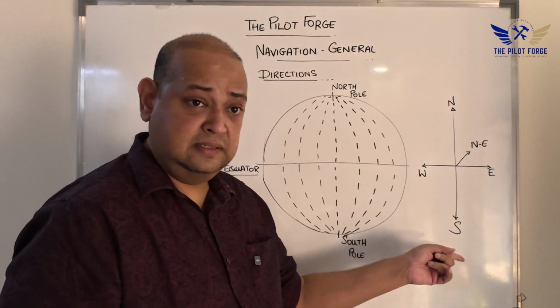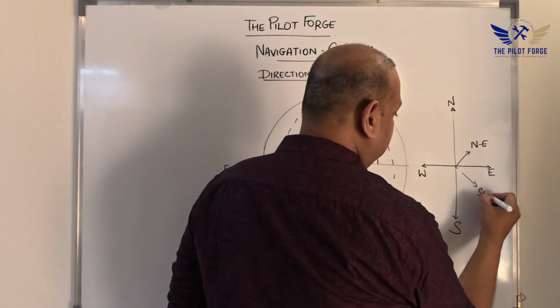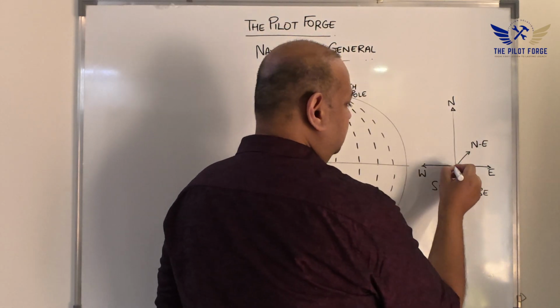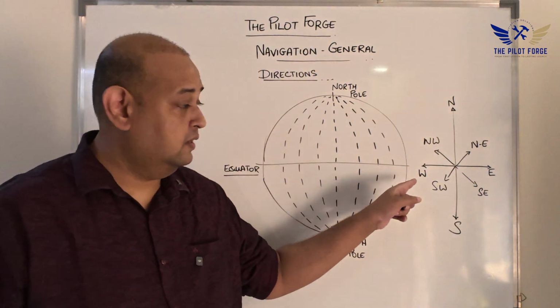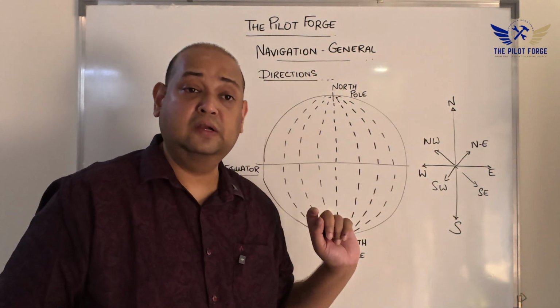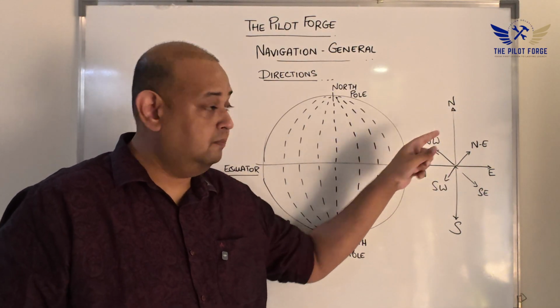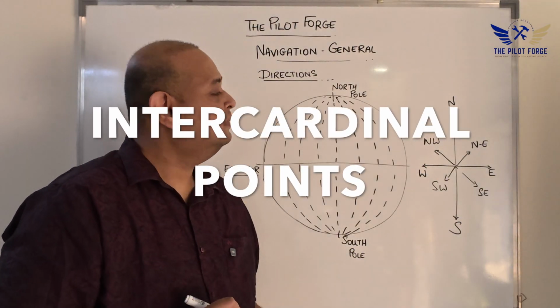Similarly, between east and south, southeast. Southwest for between south and west, and northwest for between north and west. Okay, so these, as you can see, between the cardinal points, are called the intercardinal points.